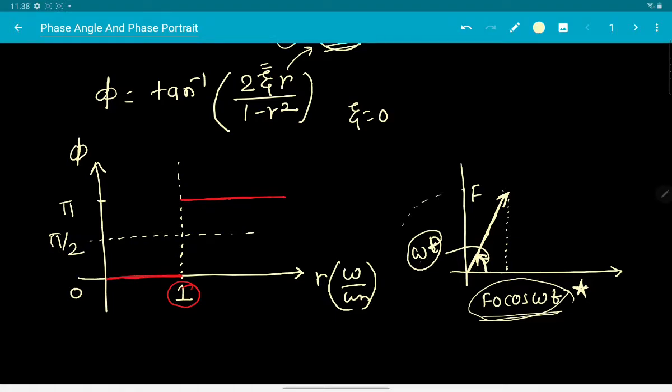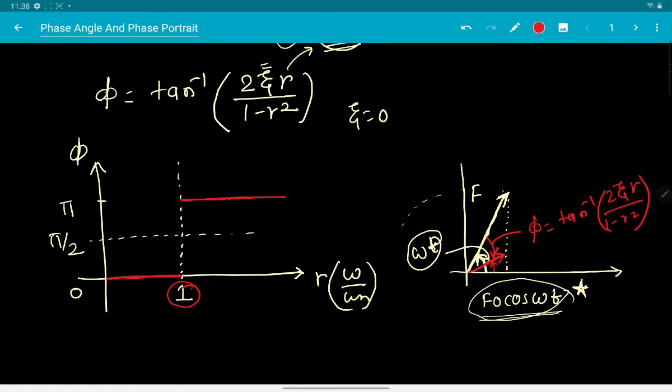Now let's try to draw another vector, which is the x vector. This is that x vector, which will be something like this. It is lagging if you compare it with the f vector. How much angle is it now making with the x-axis? It is making this much amount of angle, so obviously it is lagging by this much amount, which is this phi, equal to tan inverse of 2 xi r divided by 1 minus r square.